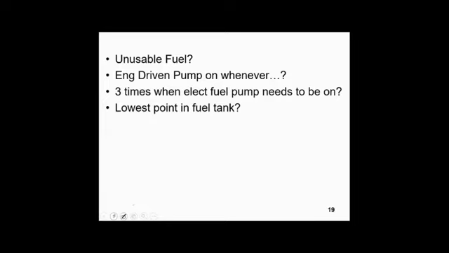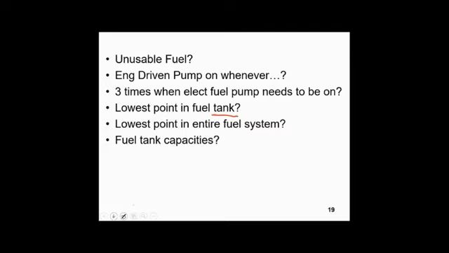And the lowest point in the fuel tank is the drain, the sump drain or the tank drain. The lowest point in the entire fuel system is the drain that's on the fuel strainer on the side of the airplane. That's the lowest point in the entire fuel system. And we just covered fuel tank capacities.